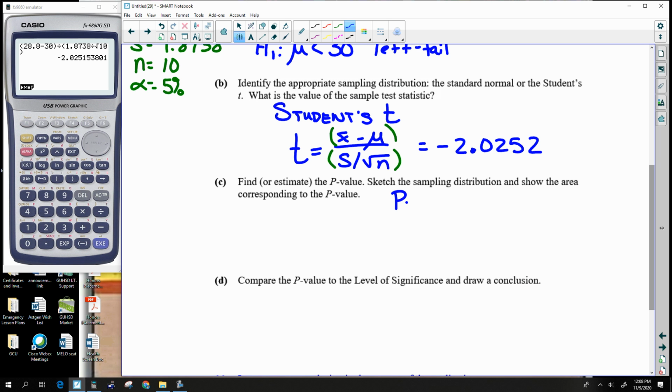Okay, so we go right to the p-value, and this is, again, built off of a t, so we have to use the t-table. That also means that we need a degree of freedom, which is going to be 9. Okay, so using the t-table, degree of freedom of 9, looking for 2.02.